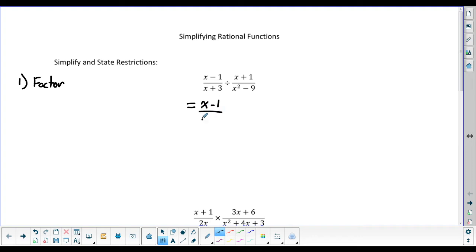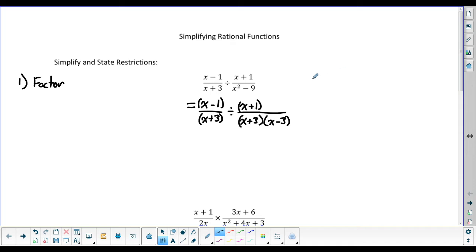So x minus 1, x plus 3. I'm going to start putting brackets around the tops of my fractions so that everything is nicely paired in these terms. It's a little easier later if we're nicely organized like that. Over, and then here we'll get our factored version, which is x plus 3, x minus 3.